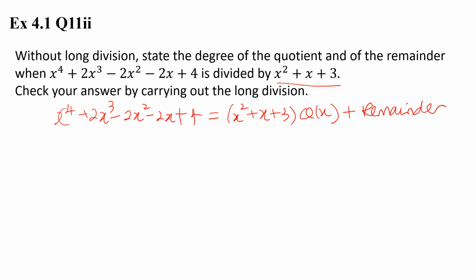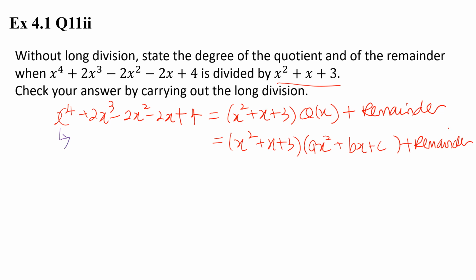So the question asks you for the degree of your quotient. Your quotient will be in the form ax squared plus bx plus c. Why is that so? Because if you look at the left hand side, it is a polynomial of degree 4 because the highest power is 4.